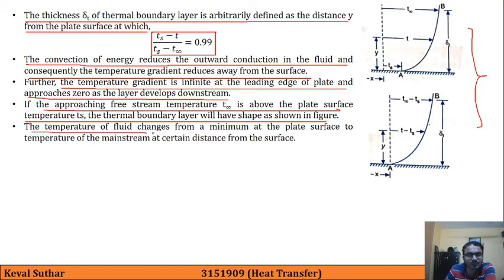The temperature of the fluid changes from minimum at the plate surface, that is over here at point A, to the temperature of the mainstream at a certain distance from the surface.